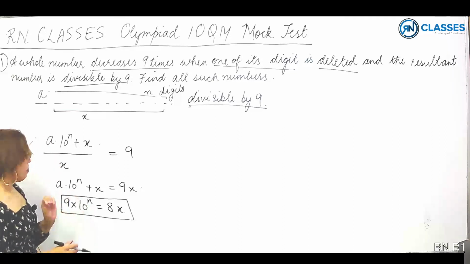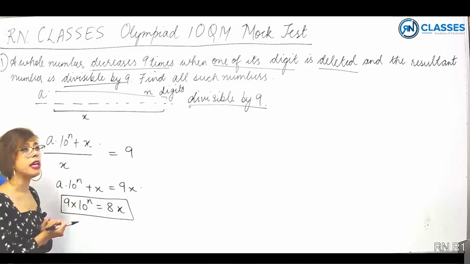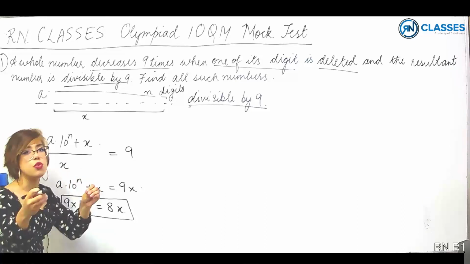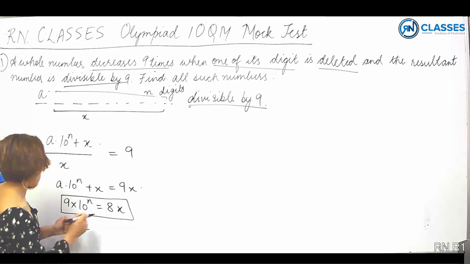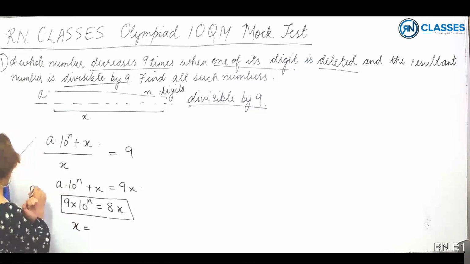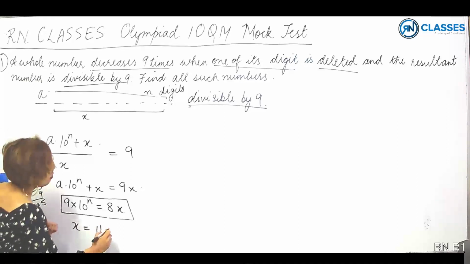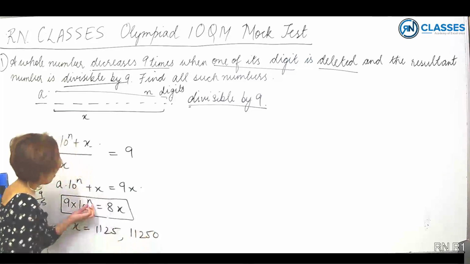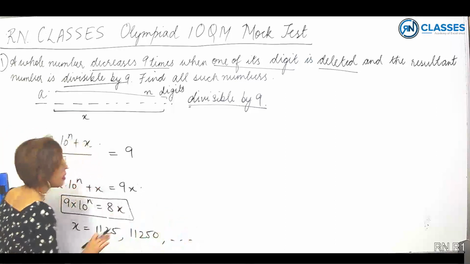If we put n as 1, it will not be divisible by 8. If we put n as 2, 900 by 8 is also not divisible. In fact, from 3 onward the values start coming. x will be equal to 125, 9 into 125 would be 1125, right? Next would be 11250, because I know n is a natural number, I keep putting it and the corresponding x values keep coming, and so on, right?